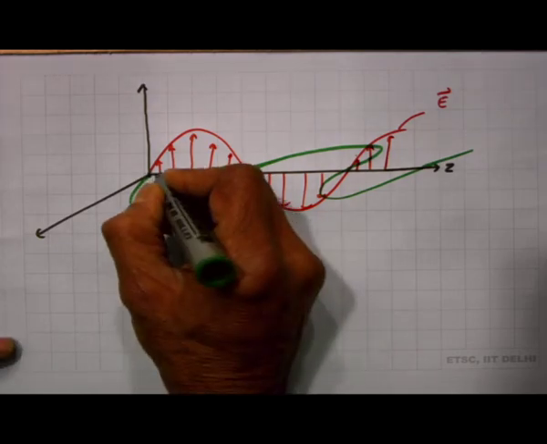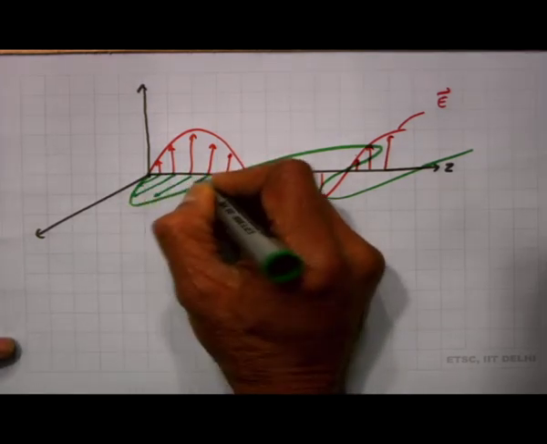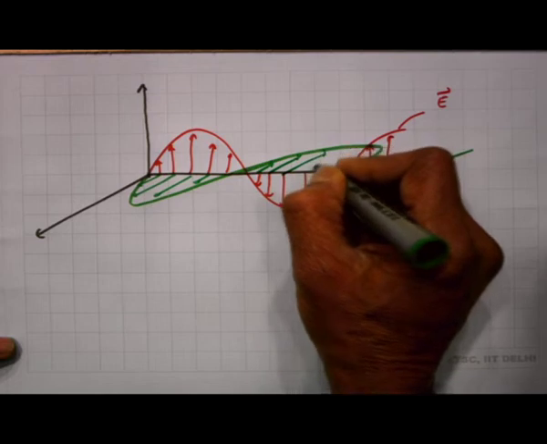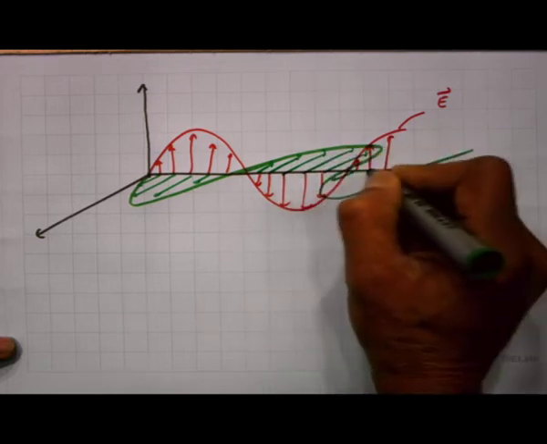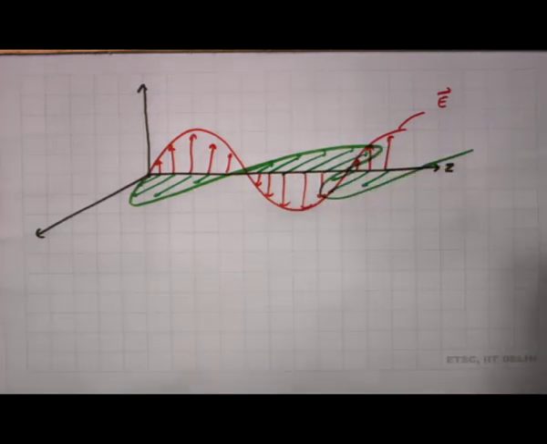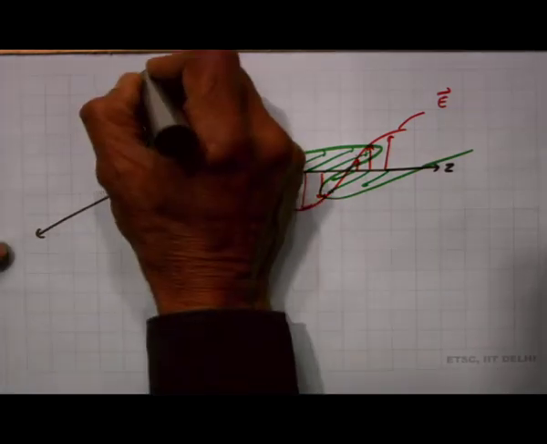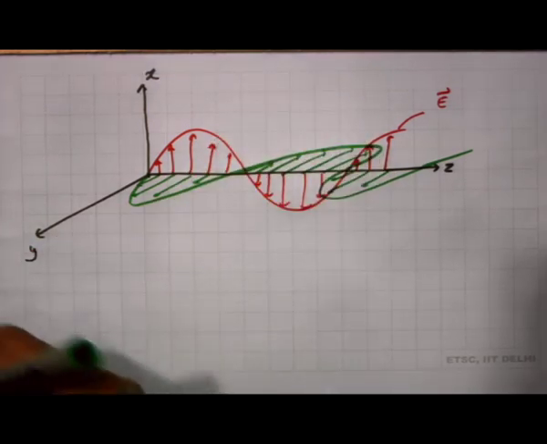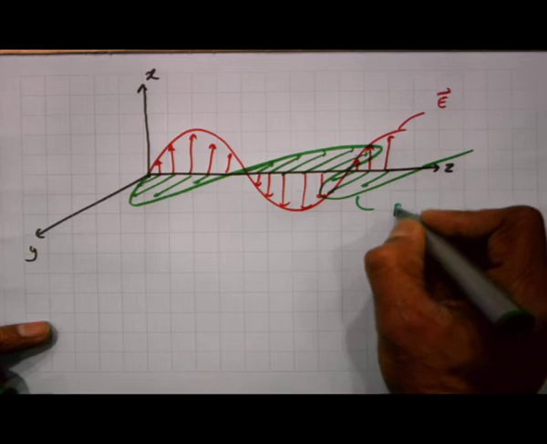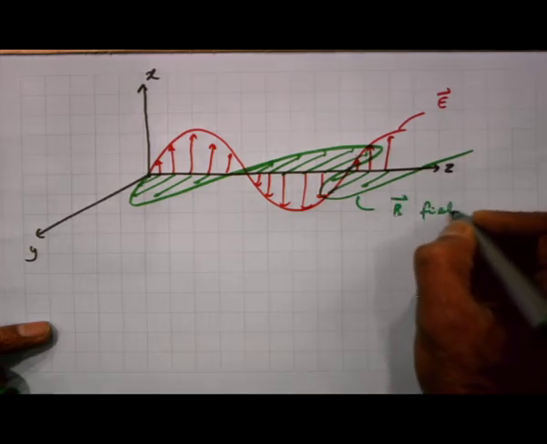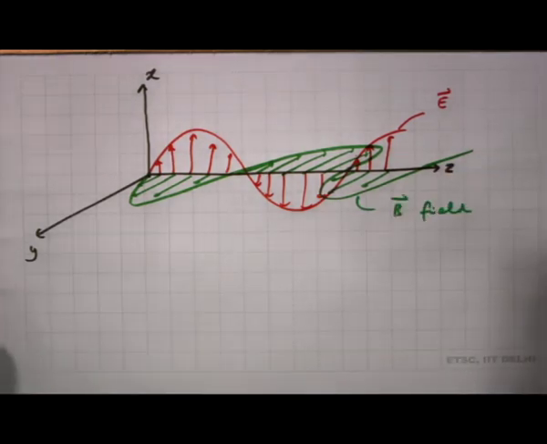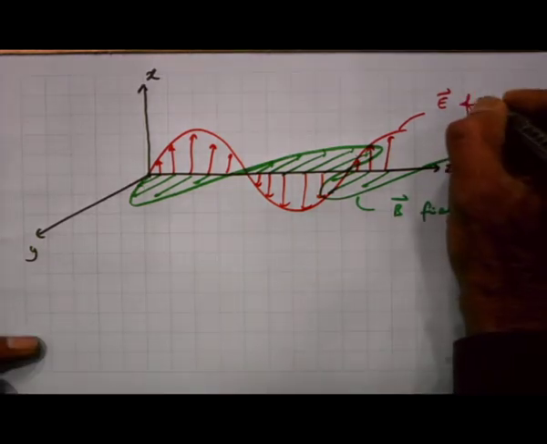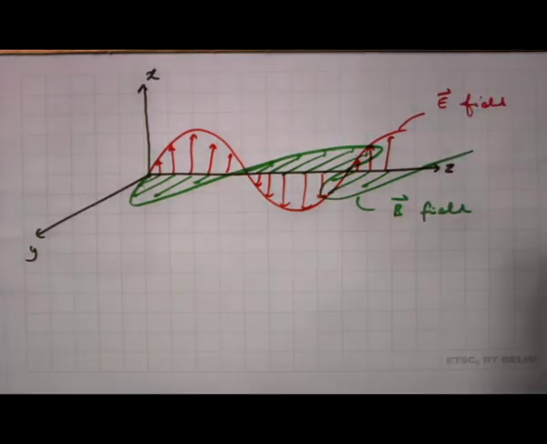Magnetic fields are perpendicular. Please note that, if I call this x, y, z, this is the electric field and this is the magnetic field. And please note this figure.